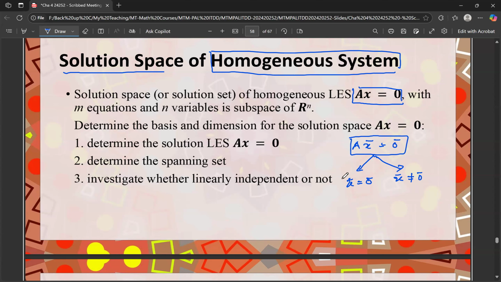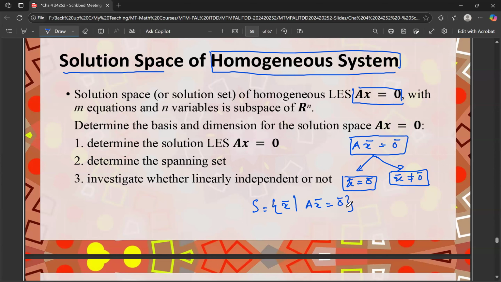Nah, jadi we have two kinds of solution, zero solution and not zero solution. Nah, kalau dikumpulkan, if we collect all of the solutions of the homogeneous system, so we collect it where Ax is 0.